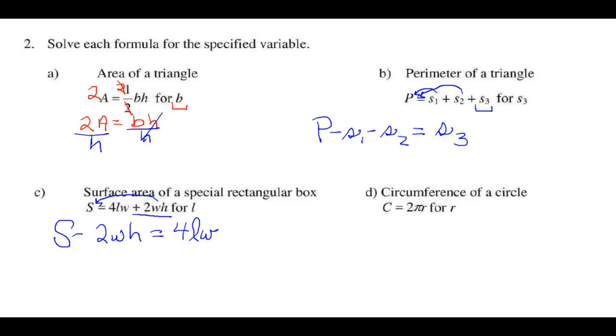Now, how do we get rid of what we don't want? We divide it out. So we want the L, so we're going to divide by 4W. And put a division bar on this side for W. So here the 4's cancel out, the W's cancel out, and we have L equals this.